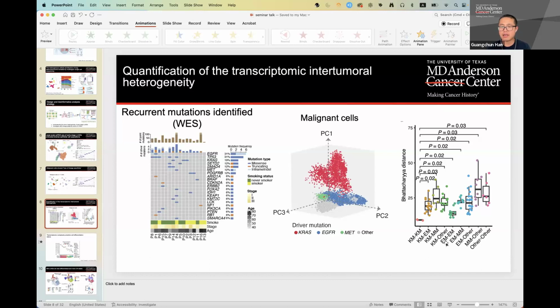The MM patient was showing relatively comparable levels regarding the transcriptomic complexity compared with the EGFR ones, or the other ones like ALK fusion ones.